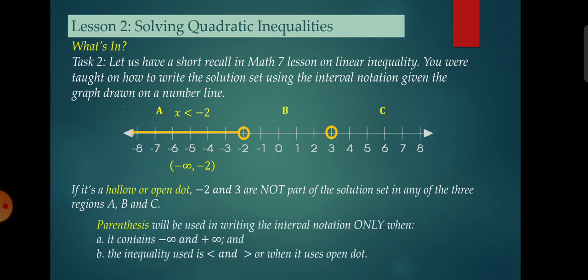Parentheses will be used in writing the interval notation only when it contains negative or positive infinity. The second condition is when the inequality used is less than or greater than, or when it uses an open dot.